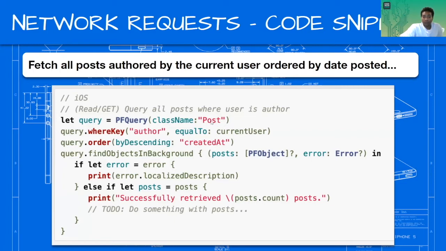You just get posts made by the current user, right? And then ordered by time they were created. And then as you can see, if there are no errors, then you will retrieve a list of posts that you can show in the table view and so on.